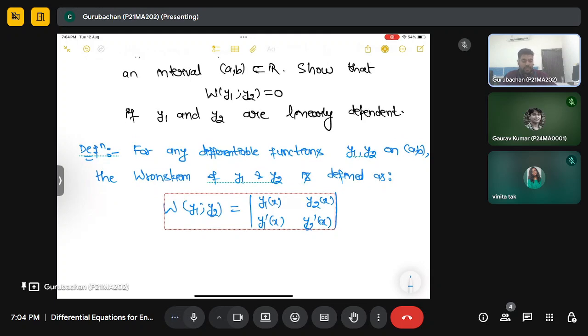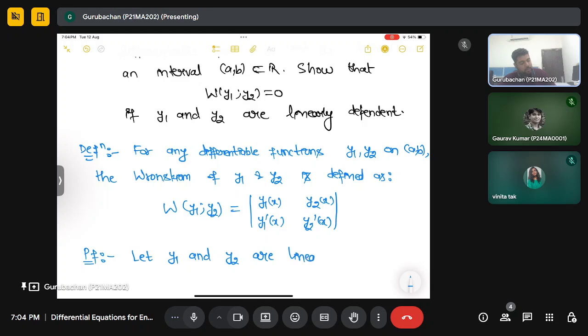Now the next question says that we need to prove that for any linearly dependent functions, its Wronskian will be 0. So let y1 and y2 be linearly dependent.